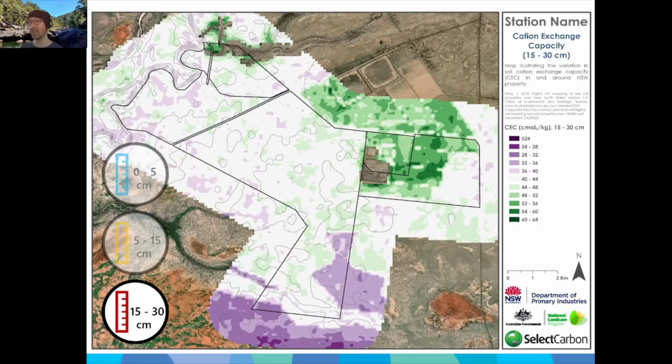The CEC of soils varies according to clay content, the type of clay present, soil pH, and organic matter content. Pure sand, for example, has a very low CEC. Now, CEC isn't something that can be easily changed, although low CEC values can be improved by building organic matter.